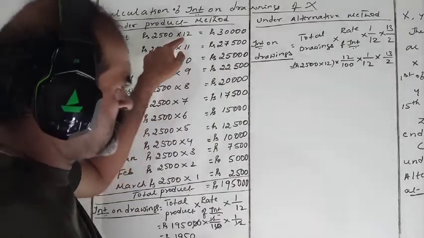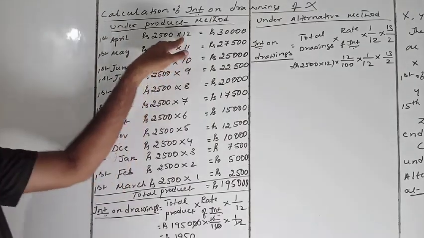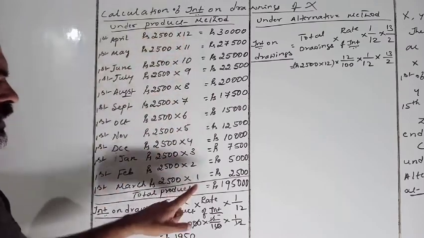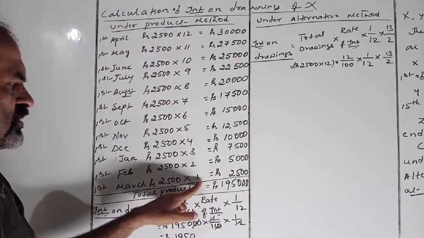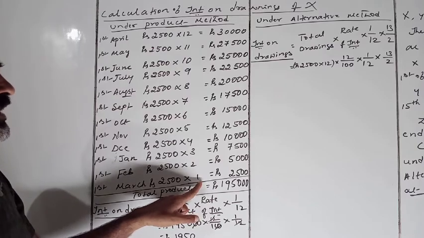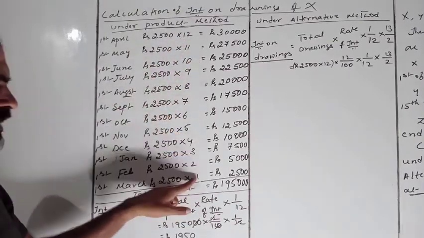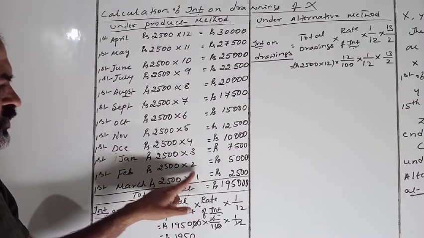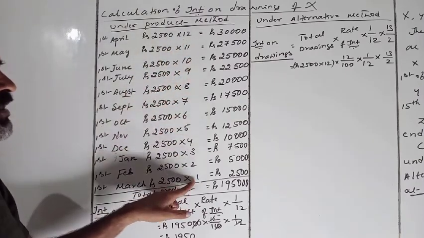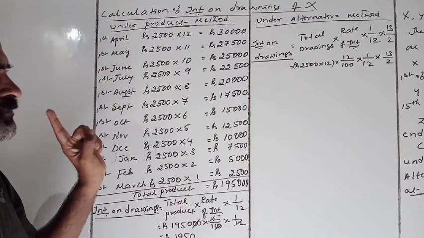See the product method: the maximum number of months utilized by the partner is 12 months, and the minimum number of months utilized by the partner is 1 month. Therefore, 12 plus 1, 13 divided by 2. That means the average of the maximum and minimum number of months used by the partner.